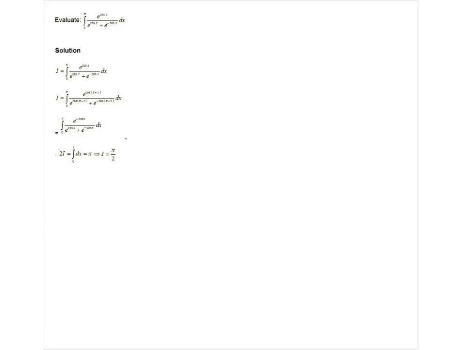In the last step, when we say 2I, actually we are adding two equations. So I equal to this also, I equal to this also. Now add the two equations.